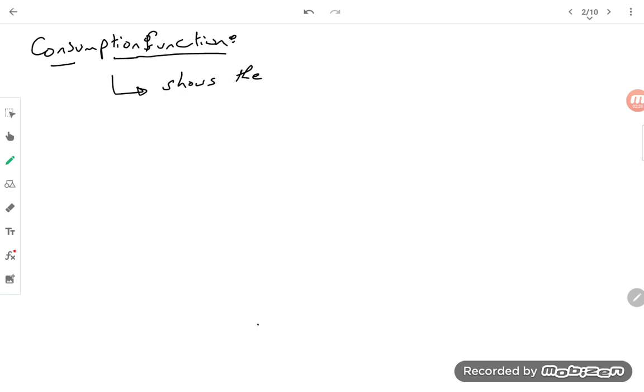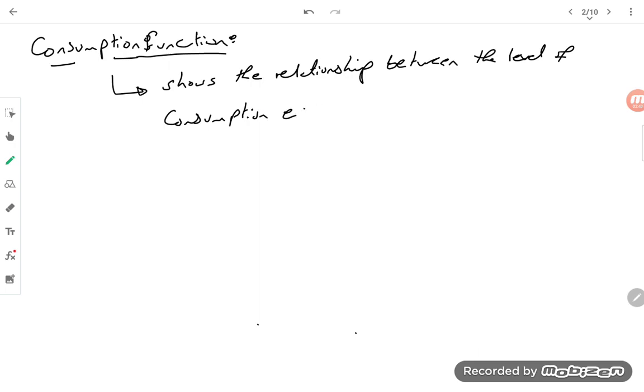The consumption function shows the relationship between the level of consumption expenditure and the level of disposable income.